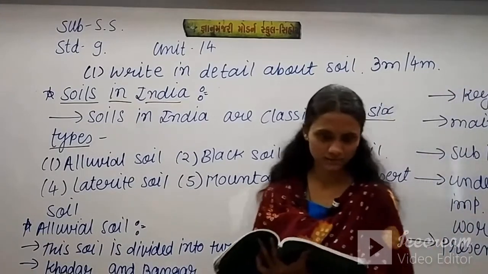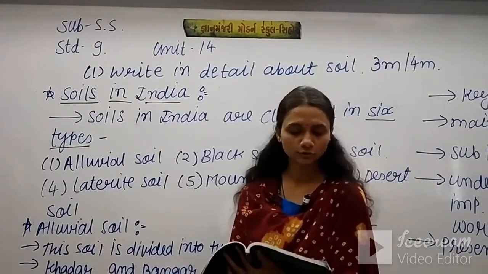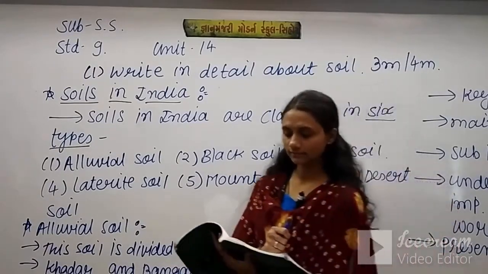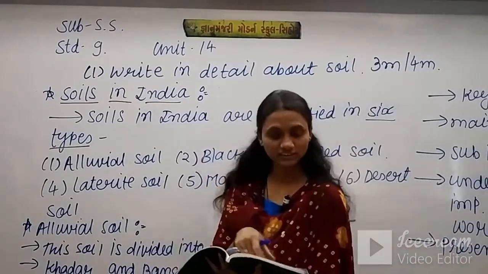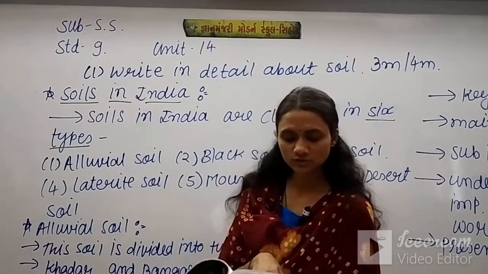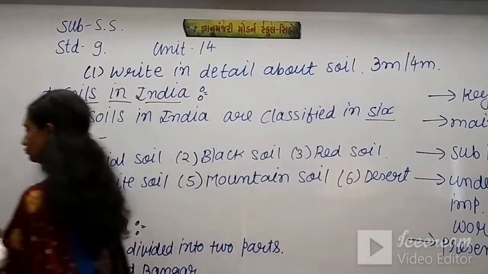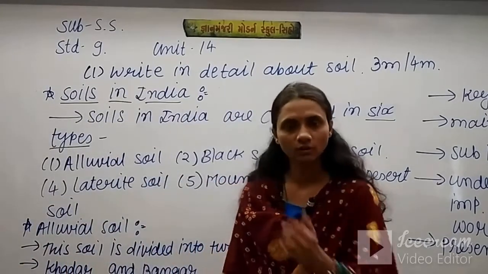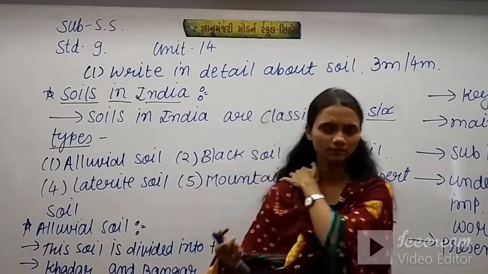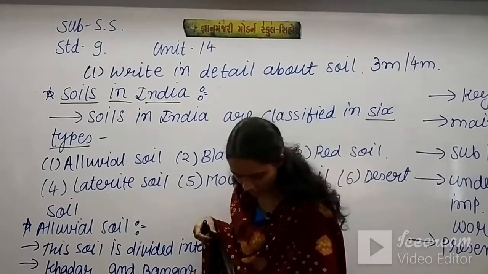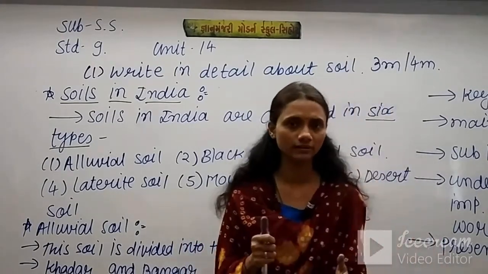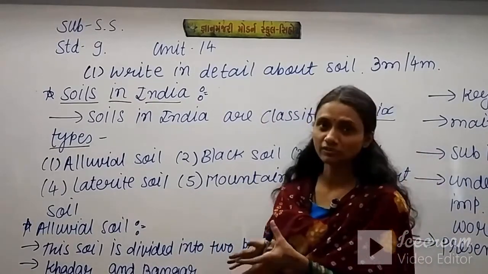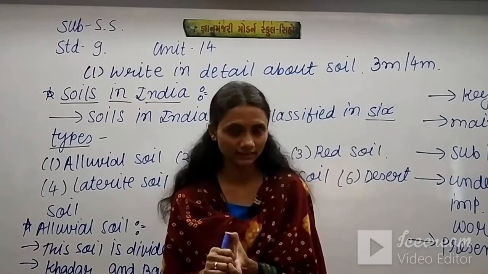So what is Khadar soil? The soil formed due to the fresh alluvial deposit is known as Khadar, and as this soil is formed due to the river floods, it is found mostly near the river. As you know, students, this soil is formed due to that river flood. So this kind of alluvial soil can be found at the riverside area.